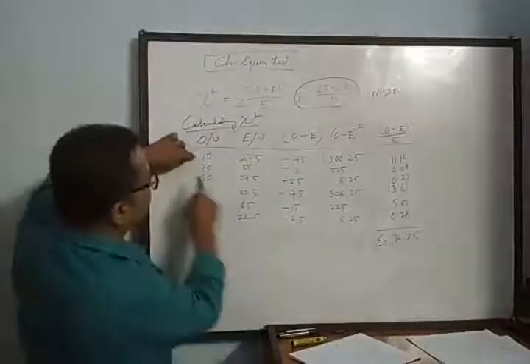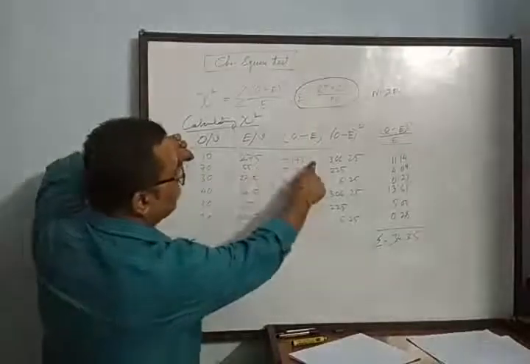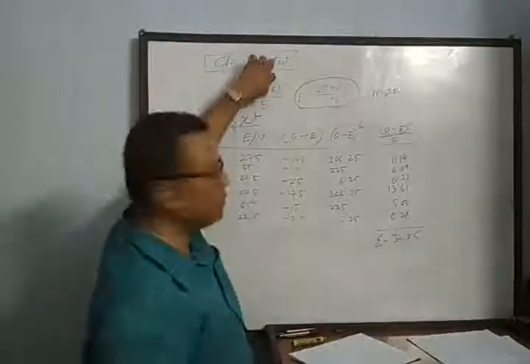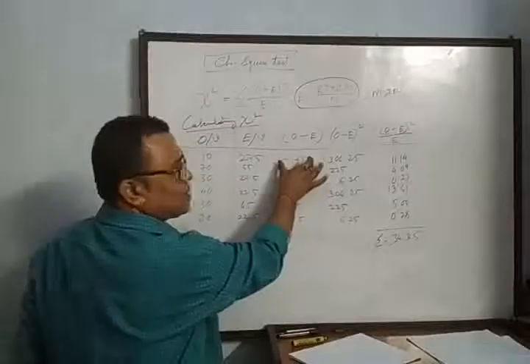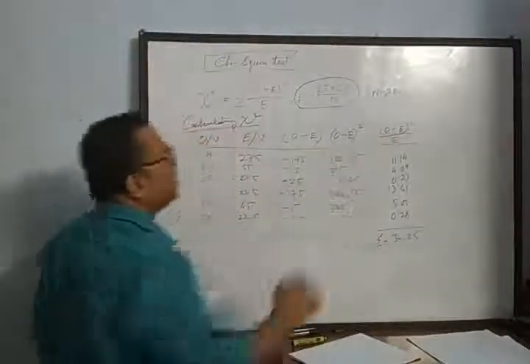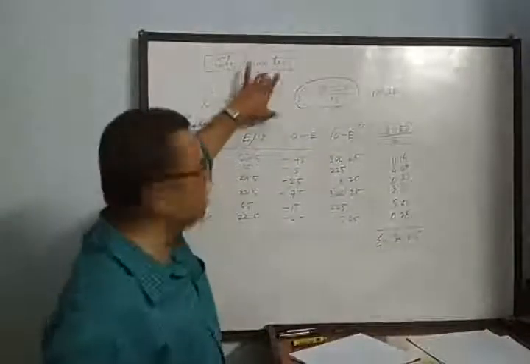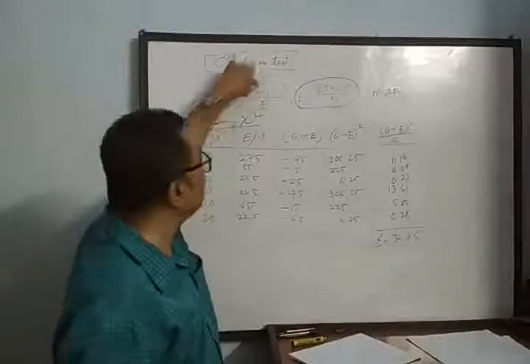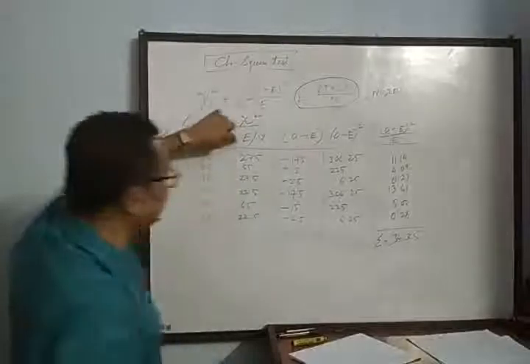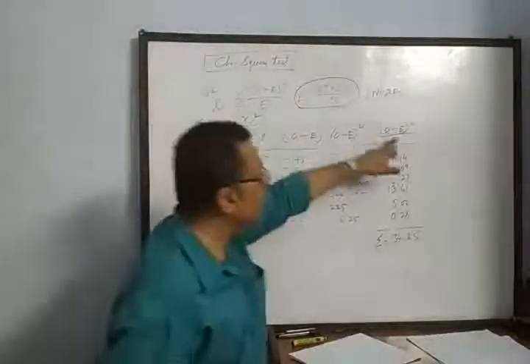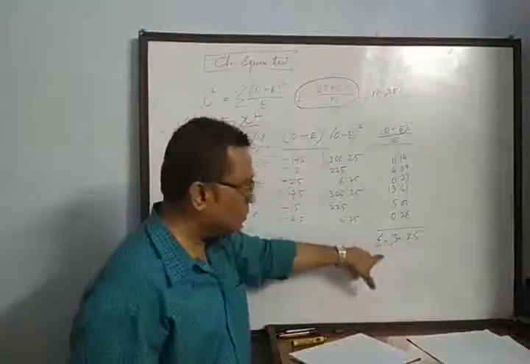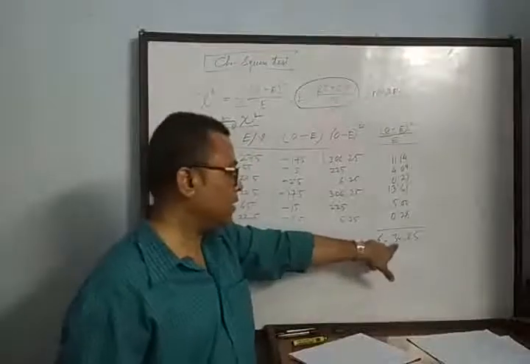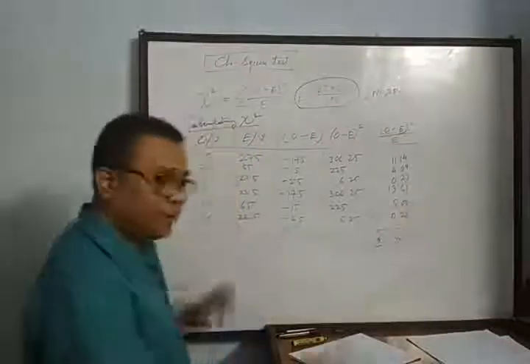So observed value minus expected value, then square it. Then the formula is summation: first of all, O minus E whole square by E, that is expected value. This sum, sigma.